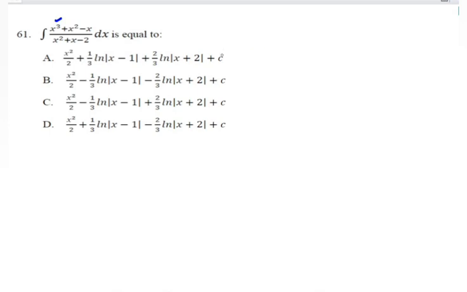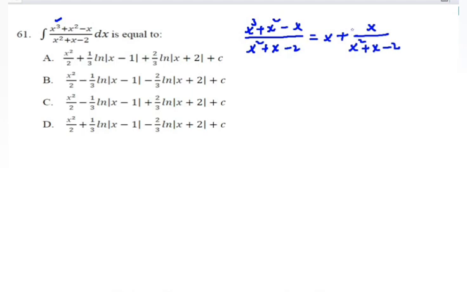So using polynomial division, x cubed plus x squared minus x over x squared plus x minus 2 can be written as x plus x over x squared plus x minus 2. Here I used polynomial division, so you can refer back to what polynomial division means from grade 10.